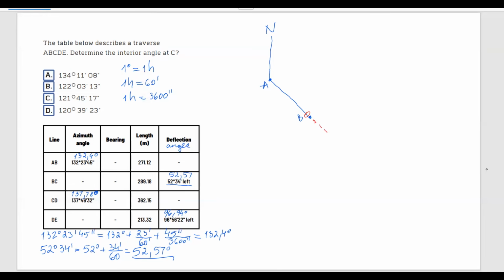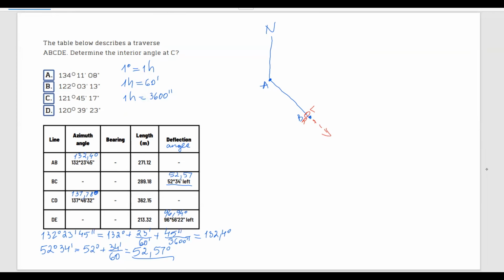So I am looking forward, in this direction. And if I'm looking in this direction, this is my right hand, and this is my left hand. So now the deflection angle is 52.57 left.